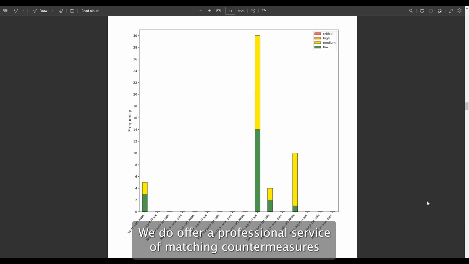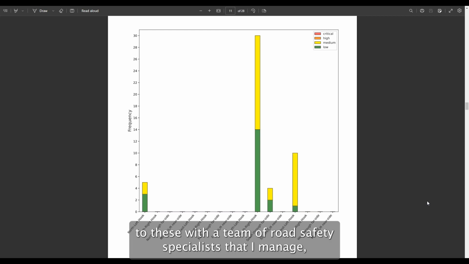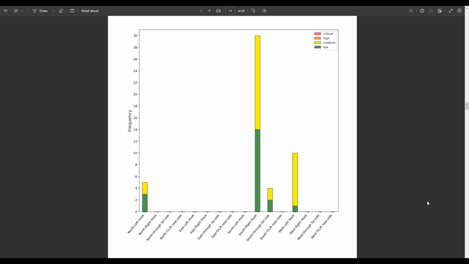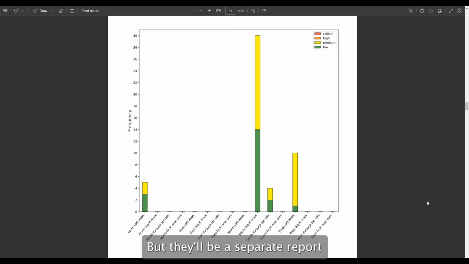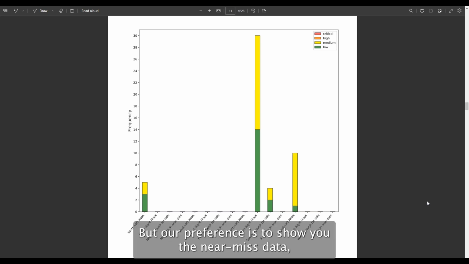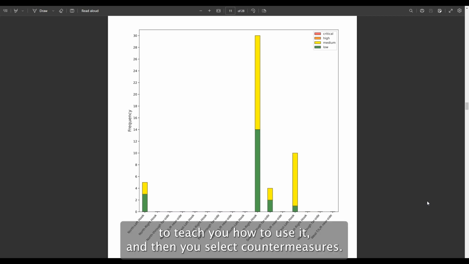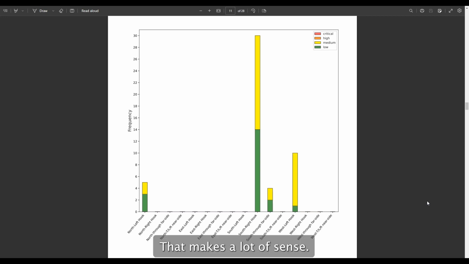We do offer a professional service of matching countermeasures to these with a team of road safety specialists that I manage, but that would be a separate report than this risk diagnostic report, like a separate engagement. But our preference is to show you the near miss data, to teach you how to use it, and then you select the countermeasures.